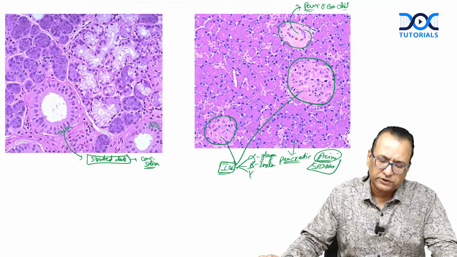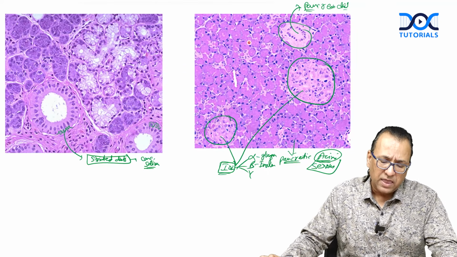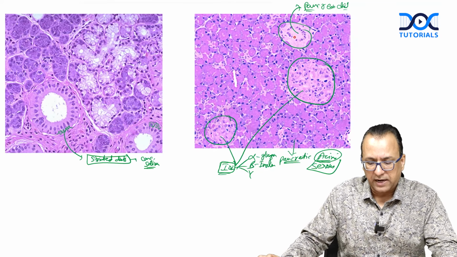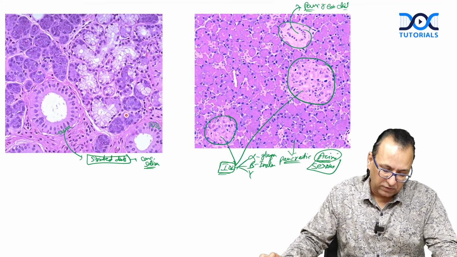Number two, the ducts are not striated. They don't have to concentrate anything. They're just carrying some enzymes secreted by the pancreatic acini. That could be some lipase or proteases, and I just have to carry them with some alkaline rich fluid. There's no concentration going on, but the concentration of saliva happening in the salivary gland makes the duct striated.